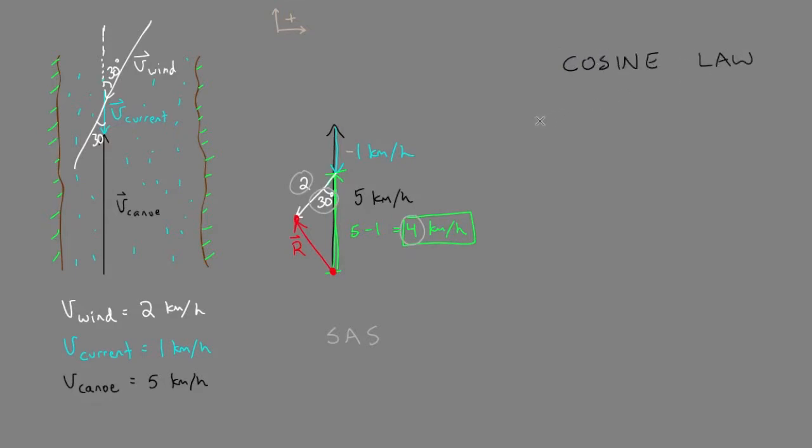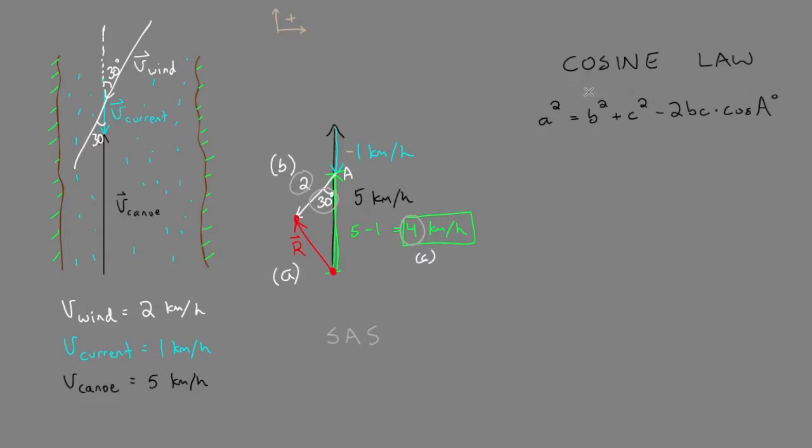Cosine law is generally that side length A squared equals side length B squared plus side C squared minus 2bc times the cos of the opposite angle of side length A, big A. For little a, we'll call the resultant little a, and we'll call this angle that we have big A. We'll call this side length B and this side length little c. Now we can plug in and solve.